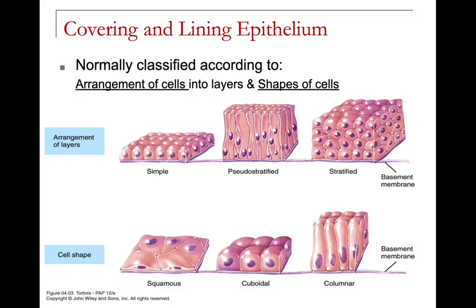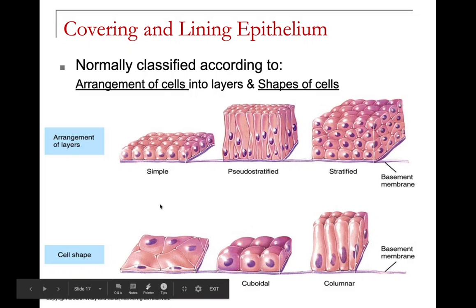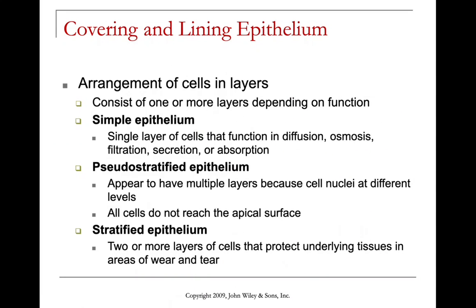Simple is going to be one layer. Pseudostratified looks like it's multiple layers because the nuclei are not lined up together, but it's actually just a single layer. Stratified will have multiple layers. Then we've got cell shapes: squamous, cuboidal, and columnar.